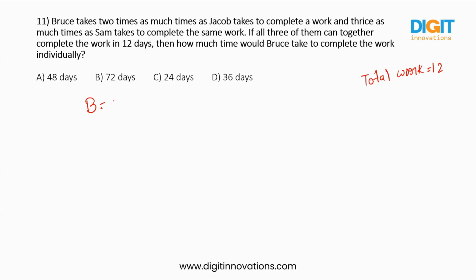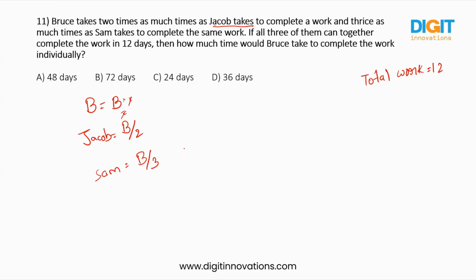So let us take that Bruce completes in B days. When it comes to Jocko, Bruce takes 2 times as much as Jocko takes, so that means Jocko will take half. It will become B only. When it comes to Sam, thrice as much as Sam, so it would be B by 3.